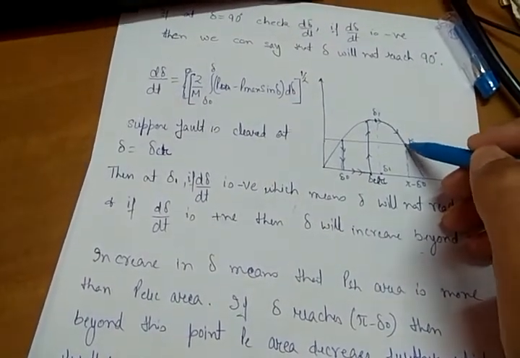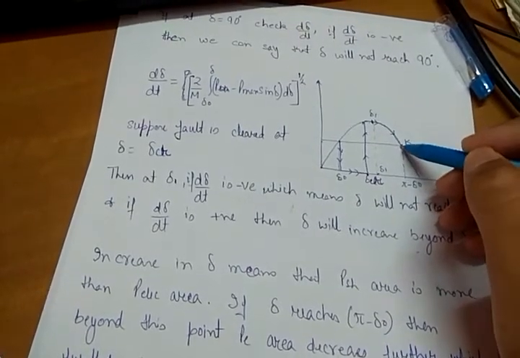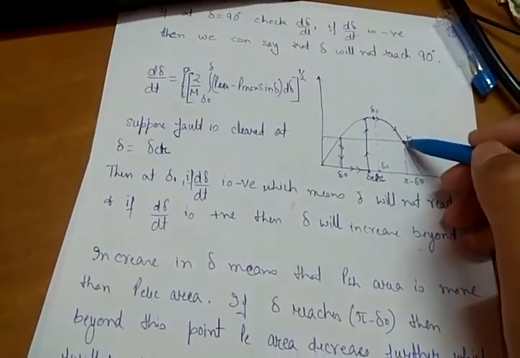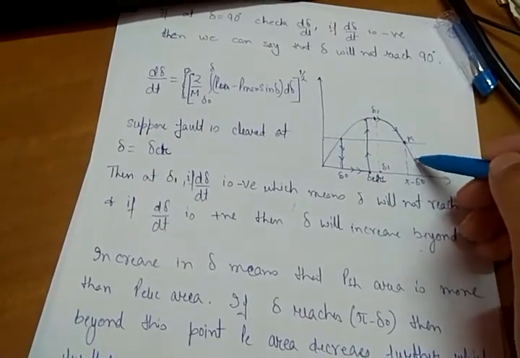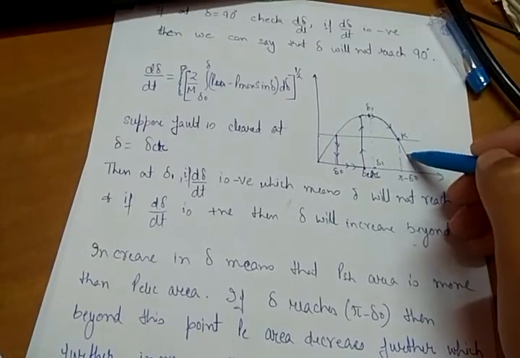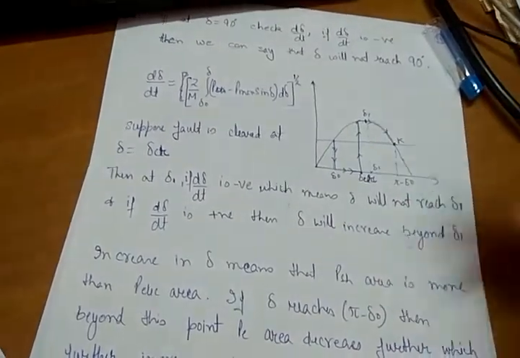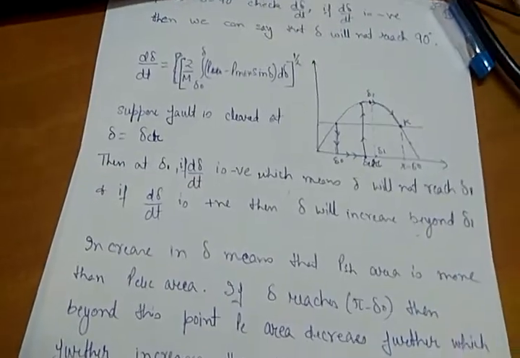If delta reaches pi minus delta naught, then beyond this point, if we go further, what will happen? Electrical power decreases further. However, it should increase, but it is decreasing, which further increases the difference between the shaft power and electrical power, and this way the electric system will lose synchronism.